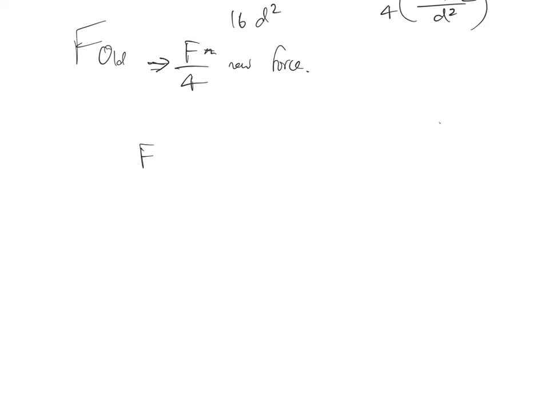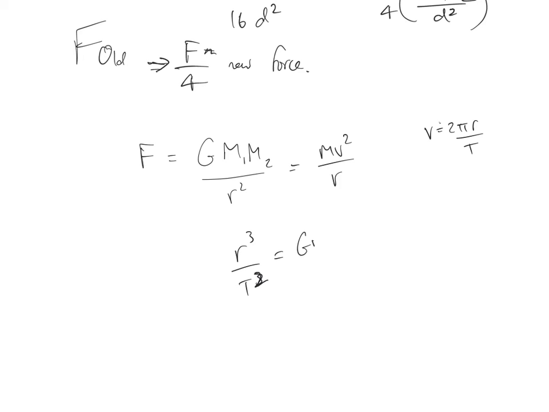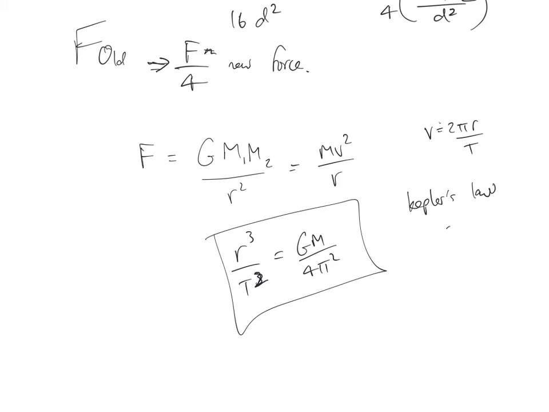As we had the force, it's G m1 m2 on a distance or radius squared, and we let that equal to our circular motion centripetal force, where v was 2 pi r on T. And we substitute that in, and we calculate and work it all the way back down, and we end up, as we've seen in a previous video, we get Kepler's law of periods.